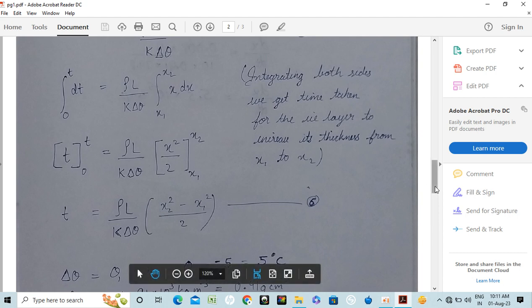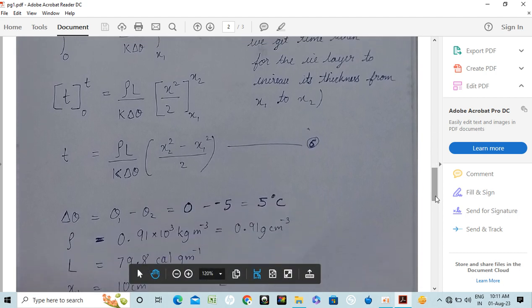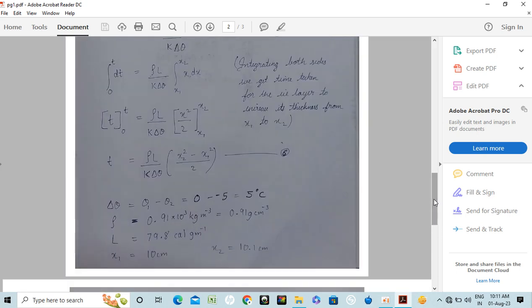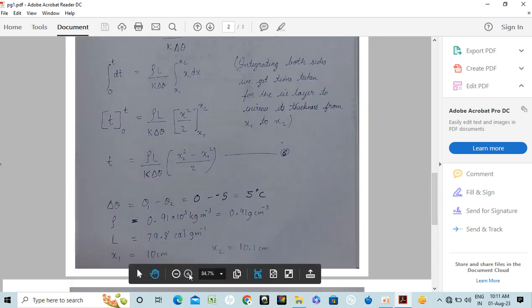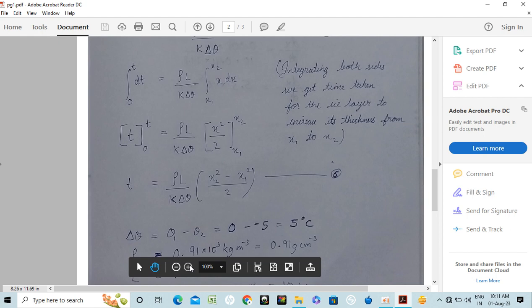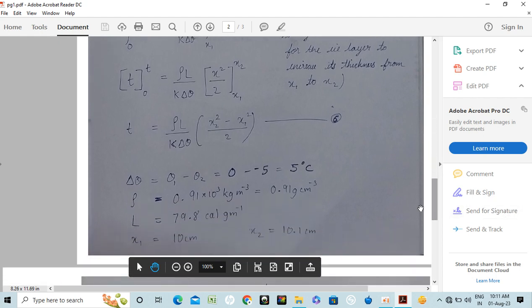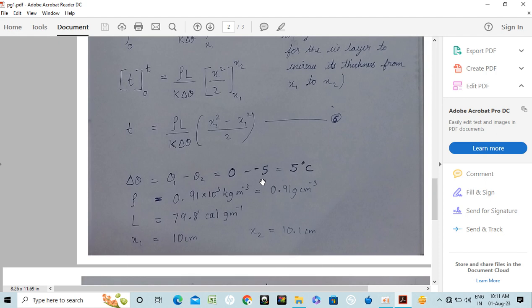Now before substituting the values, what are all the values? Delta theta is theta 1 minus theta 2. Theta 1 was 0 degrees Celsius and theta 2 is minus 5 degrees Celsius. So 0 minus minus 5 is 5 degrees Celsius. Delta theta is 5 degrees Celsius and rho is already given.